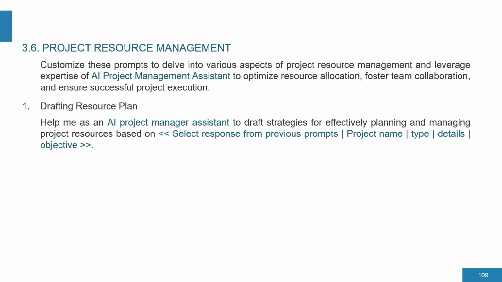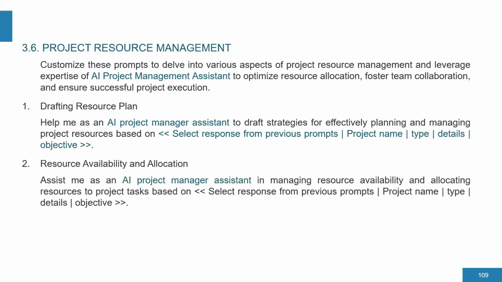Let's look at our next prompt, which I would like you to pause the video and try yourself. Assist me as an AI project manager assistant in managing resource availability and allocating resources to the project tasks, based on the previous prompts, project name, type, objectives, and details. Here, I would also suggest that when you're prompting like this, you provide a little bit more context about your project.